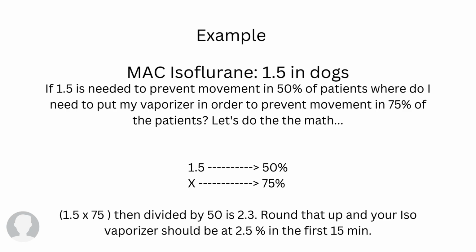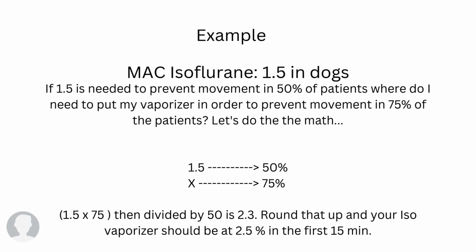Let's take the isoflurane MAC for dogs, which is 1.5. So if 1.5 is needed to prevent movement in 50% of patients, where do I need to position my vaporizer in order to prevent movement in 75% of the patients? Let's do the math.